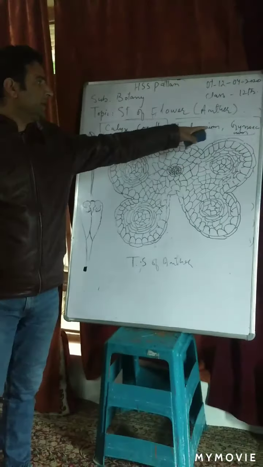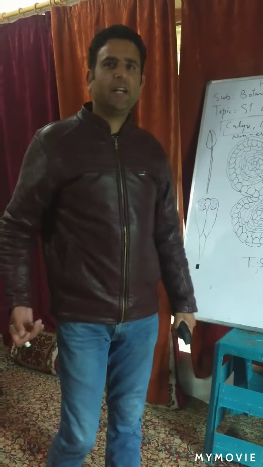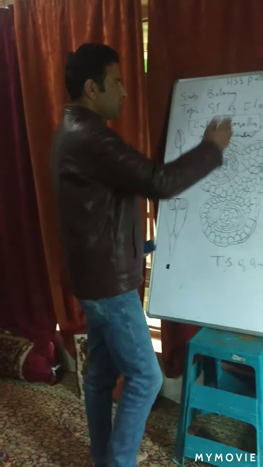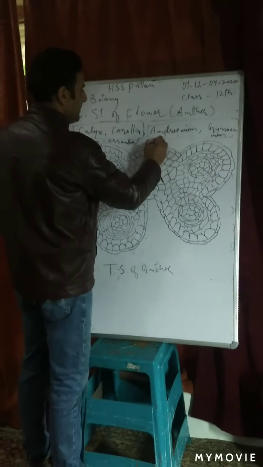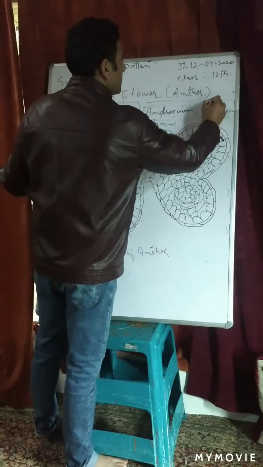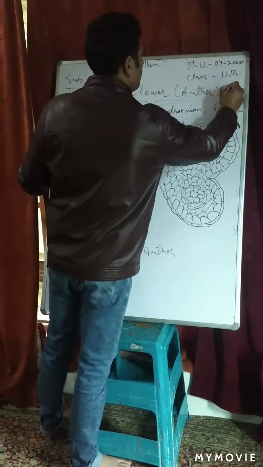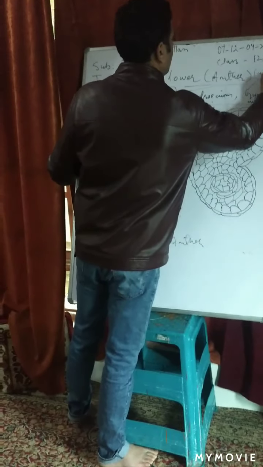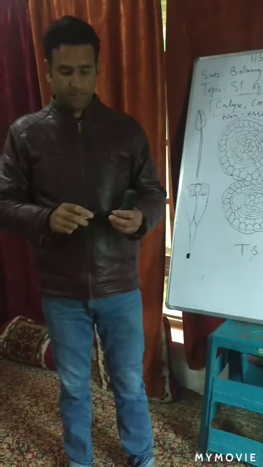But androecium and gynoecium are those parts of a flower which are directly involved in sexual reproduction. As we are already aware, androecium consists of stamens and gynoecium consists of carpels. Carpels have another name, pistils.